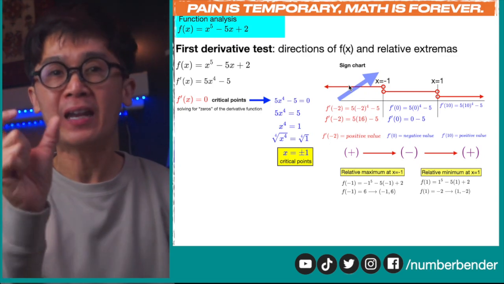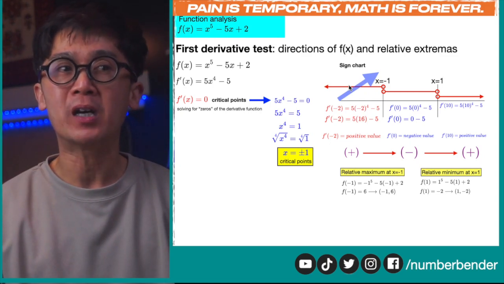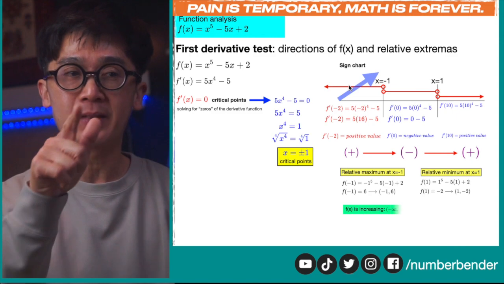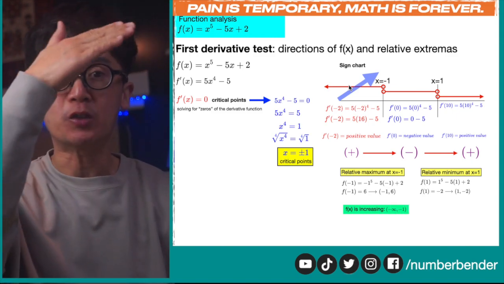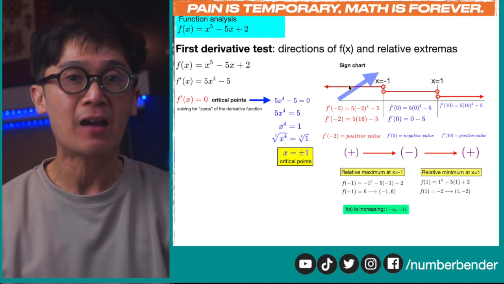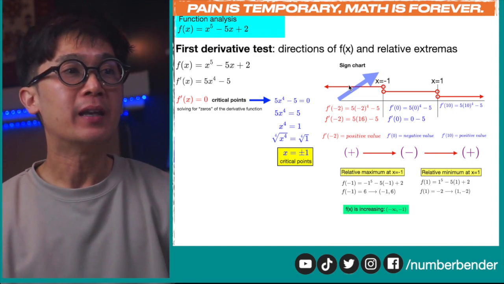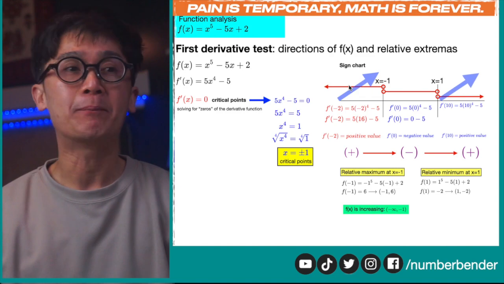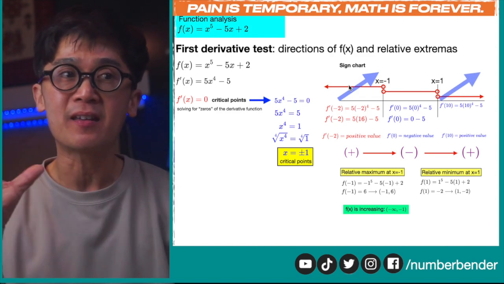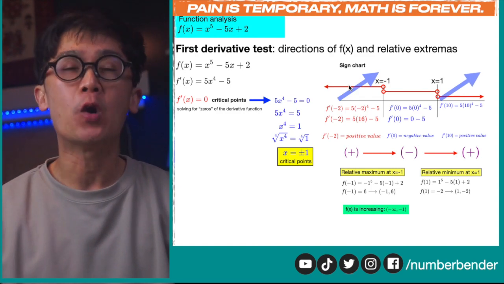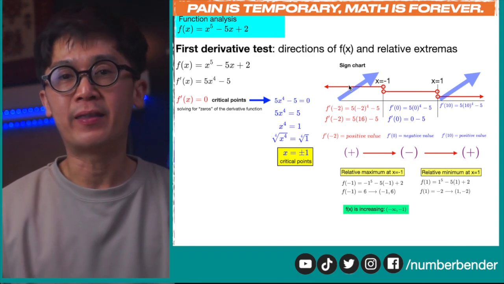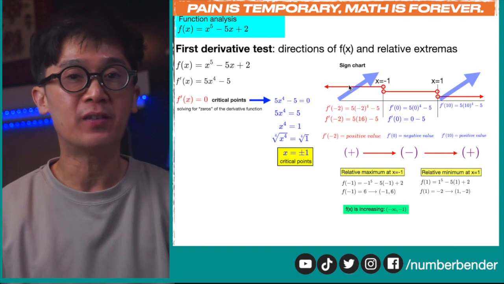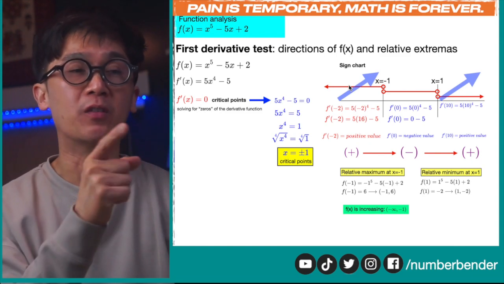And for anything in between -1 and 1, which is negative slope, it will have a decreasing behavior of your function. So pababa yung ating graph pagdating sa interval na -1 and 1. At pagdating naman sa interval na anything that is higher than 1, it's going to be an increasing value as well, based on the critical points and the derivative value that we have seen in our function.